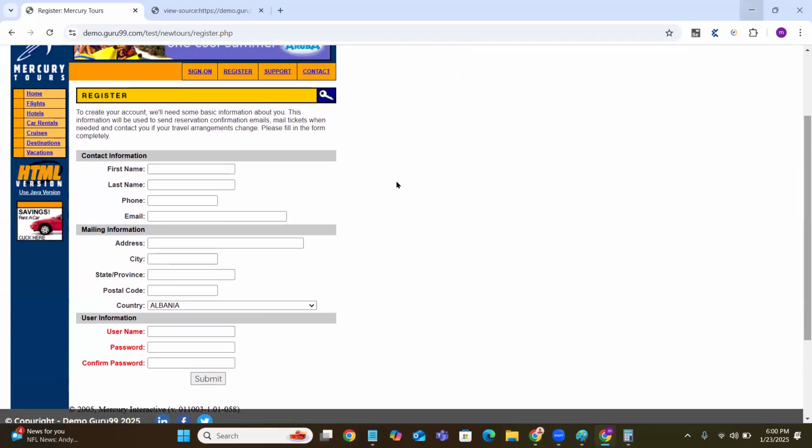Now, in the registration form, username, password, confirm password, these are the mandatory fields. Now see, I am going to enter only the first name. These mandatory fields are not entered. If I click on submit, what do we expect here? Unsuccessful registration, right?